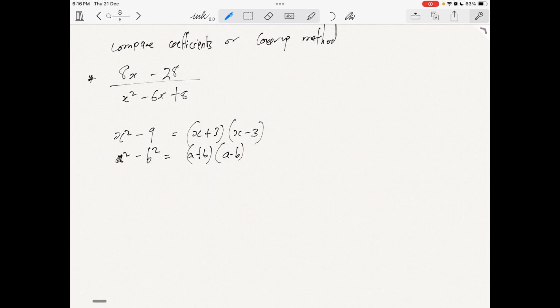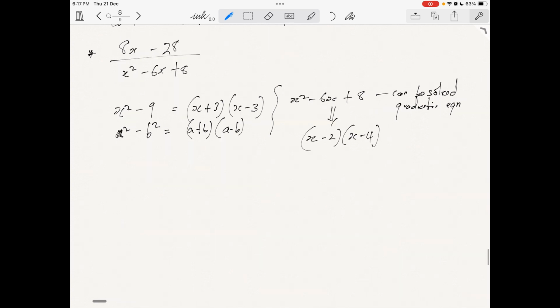So let's say that we have x squared minus 6x plus 8. Now this can be solved using quadratic equation. If you solve this using quadratic equation, you would have x minus 2 and also x minus 4.